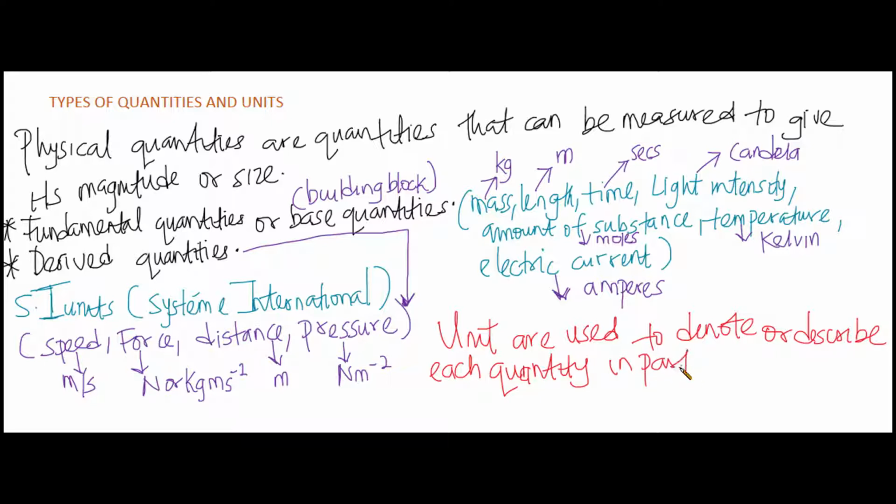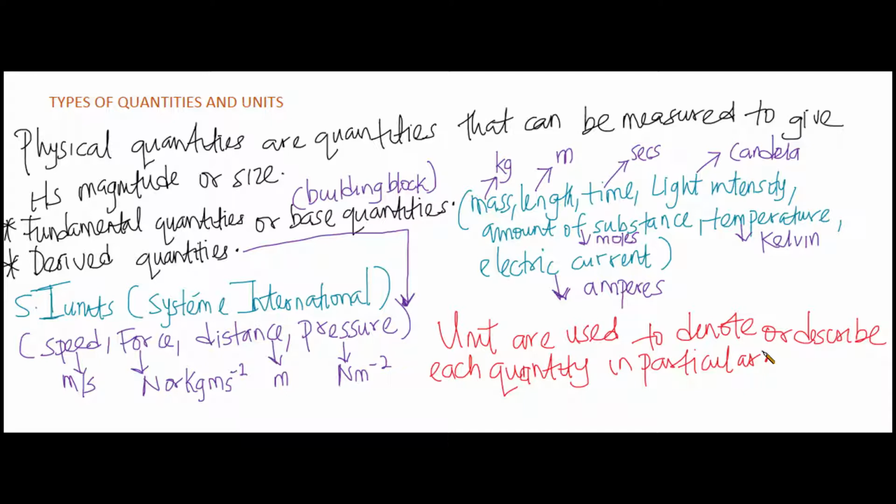So when we see any quantity or any magnitude that has meter per second, we are actually going to have a link that is going to be related to speed, or is going to be related to velocity, because velocity is just speed in a specified direction.